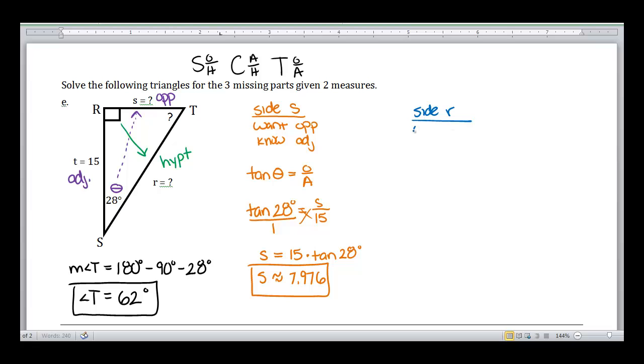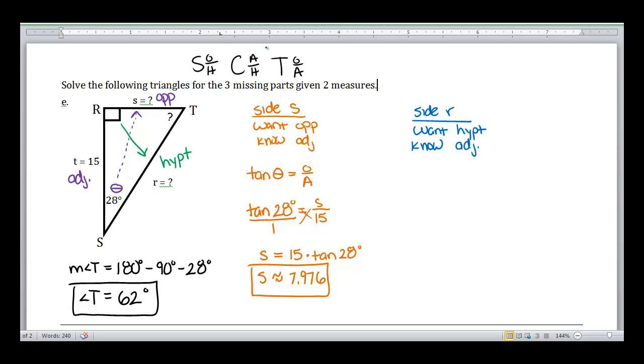Next, let's solve for side R. So again, I want to ask myself, what side do I want? The hypotenuse. And what side do we know? Technically we know 2, but remember, this was a rounded answer, so I prefer not to use it. So let's just say I only know the adjacent side.